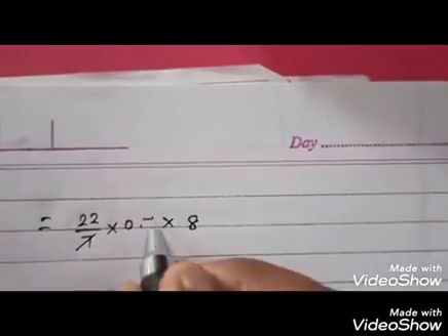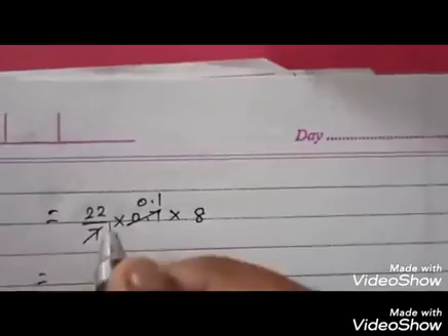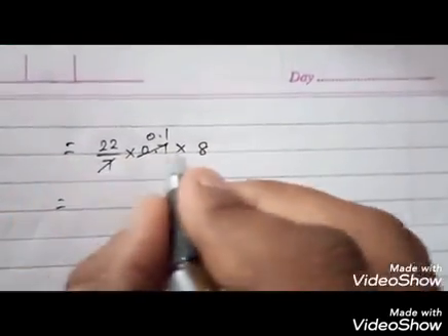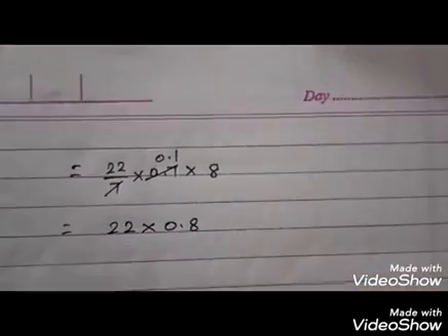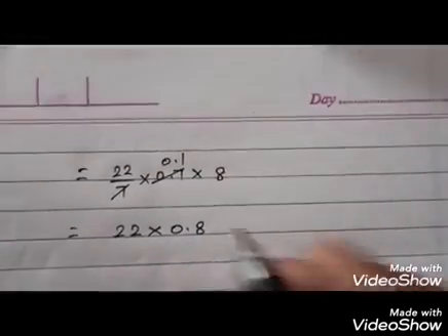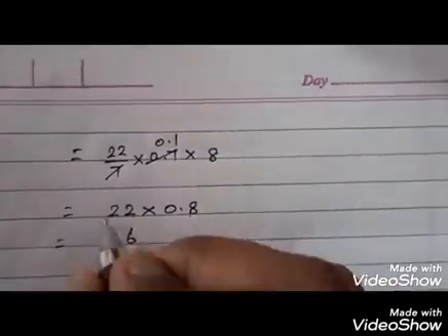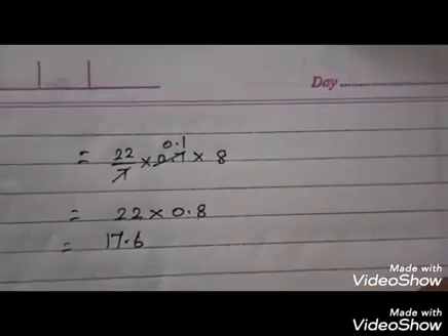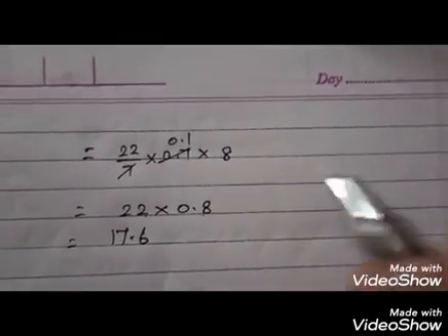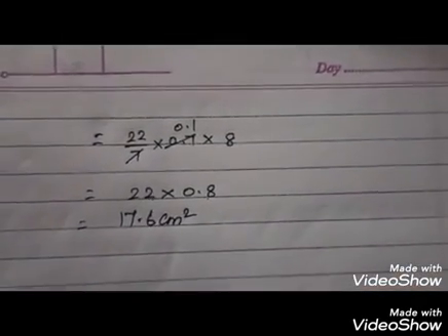So 22 by 7 into 0.7 into 8. Now 1 seven is 7, that is 0.1. So now we multiply 22 into 0.1 into 8, you get 17.6, 8 twos are 16, 6 remaining 1, 8 twos are 16, 17, 17.6 centimeter square.